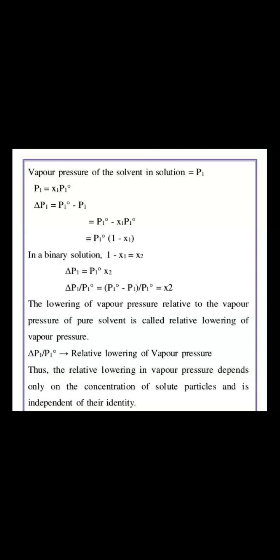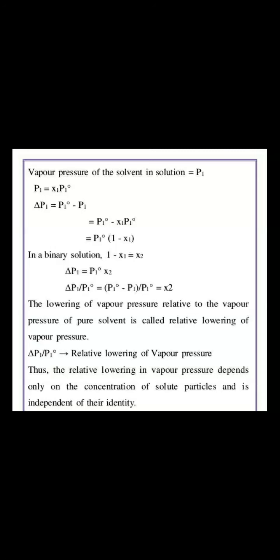Hence 1 minus x2 is equal to x1, or 1 minus x1 is equal to x2. By substituting 1 minus x1 equal to x2 in the equation, we get the lowering of vapor pressure, that is delta P is equal to P1 naught into x2, where x2 is the mole fraction of non-volatile solute.